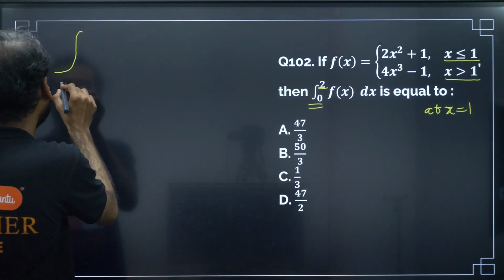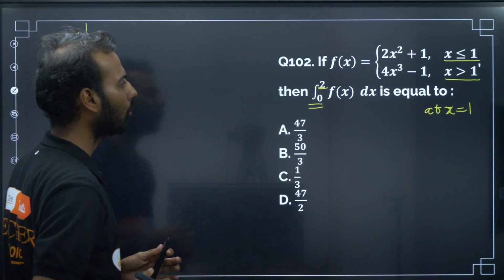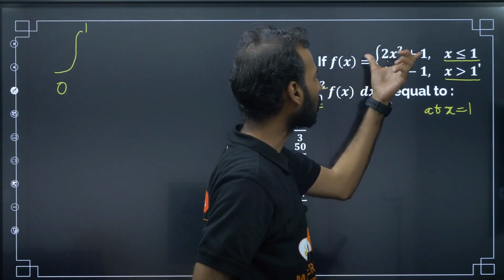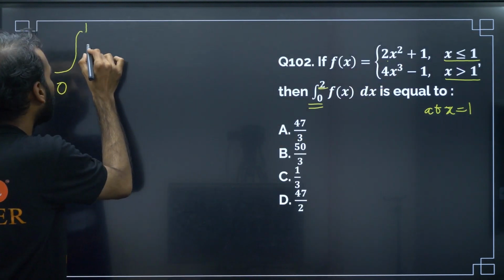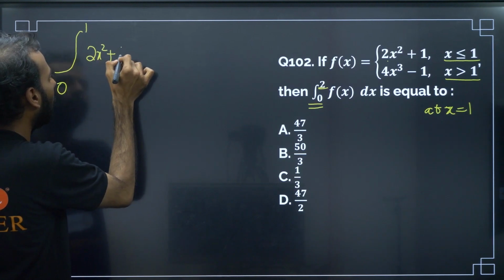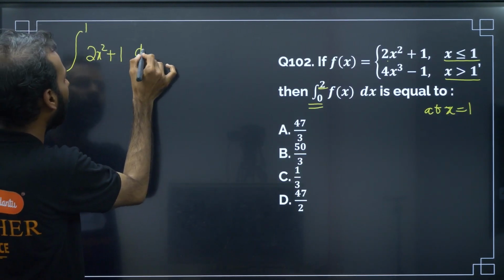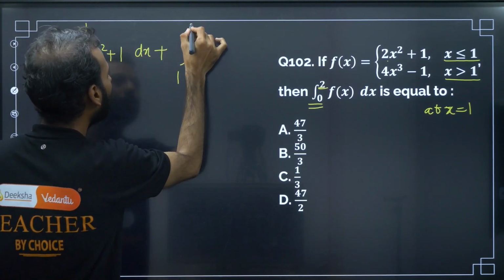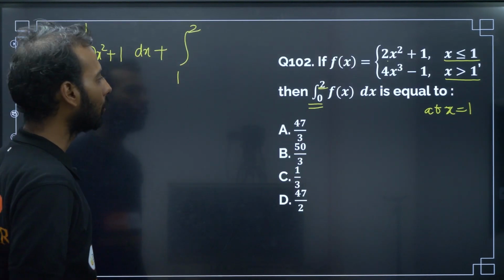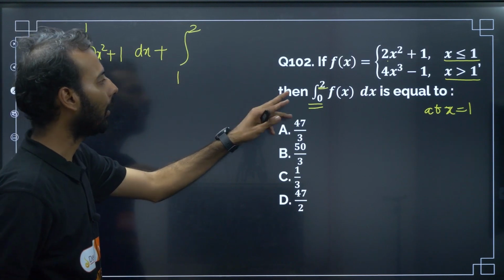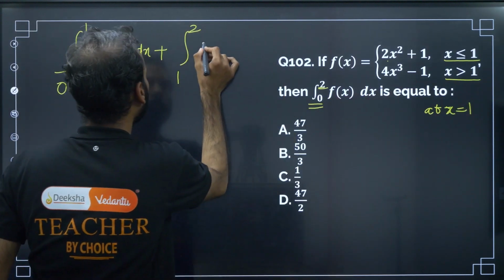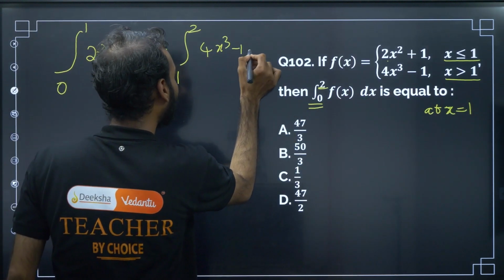So let me go from 0 to 1. If I am going from 0 to 1, the function behaves like this, 2x² plus 1. That is how the function is defined, and whenever I am using this integration, I have to write dx also. Plus 1 to 2, whenever x is greater than 1, the function behaves like this, 4x³ minus 1 dx.